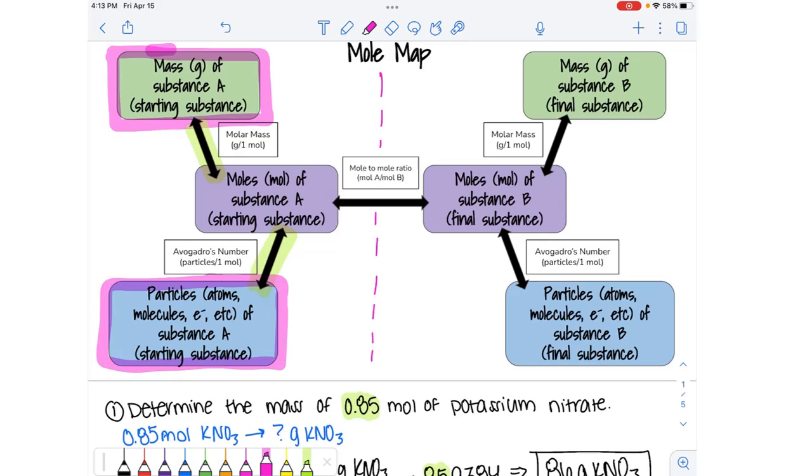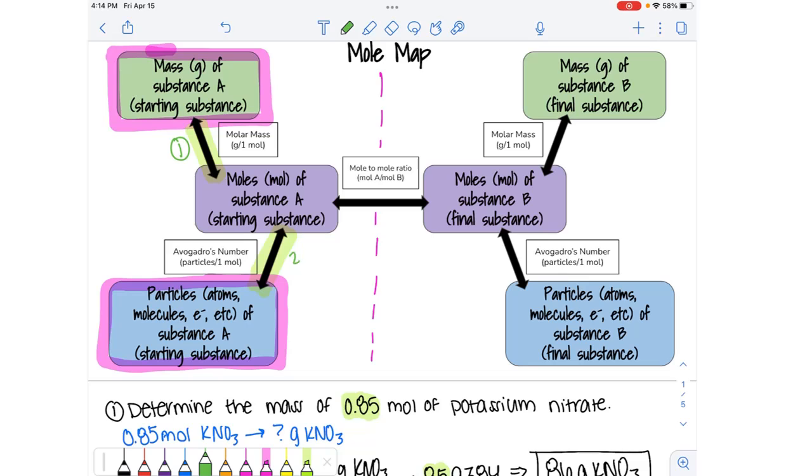This time, I've gone through 2 conversion factors. So if I'm going through 2 conversion factors, that means I need 2 ratios in my setup in order to get out the units that I want. My first arrow that I went through is the molar mass arrow, which means my first conversion factor needs to be molar mass.